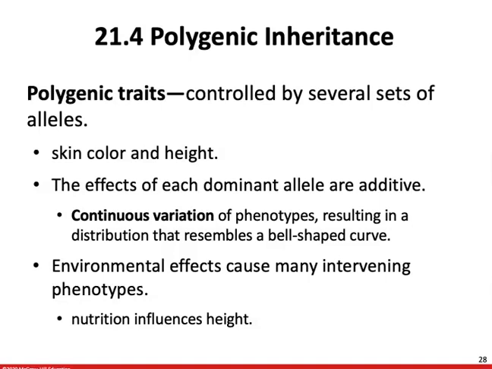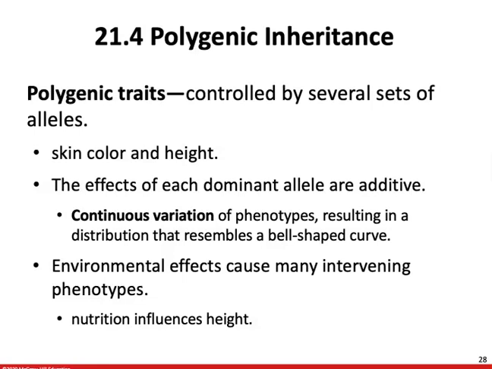And what happens is, just for example, let's say that there are 10 different chromosomes or 10 different genes that code for height. Let's say that your mom has 4 out of 10 genes for tall, and your dad has 5 out of 10 genes for tall.